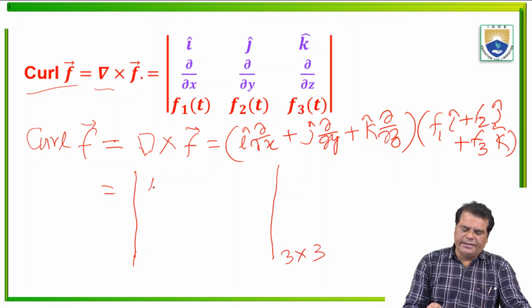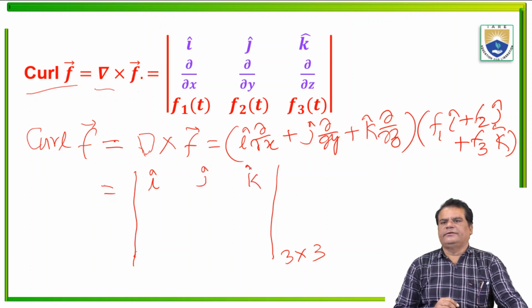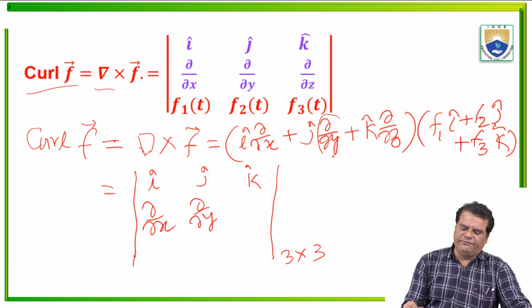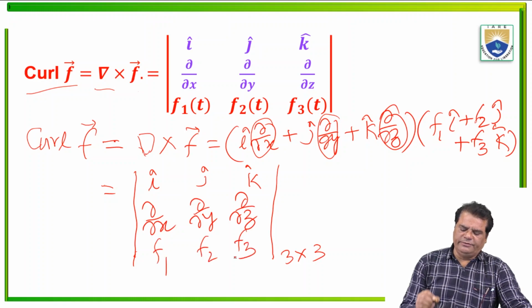So here I am writing i vector, j vector and k vector. Here dou over dou x is the coefficient of i of the first vector, dou over dou y is the coefficient of j, and dou over dou z is the coefficient of k. And here is f1, f2, f3.